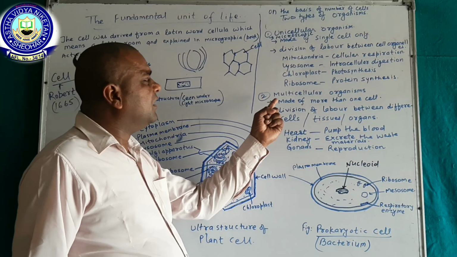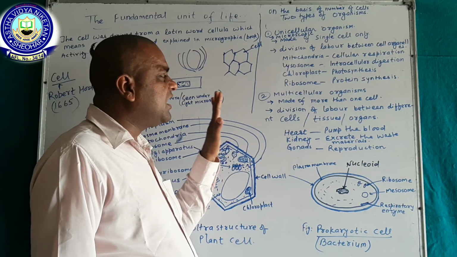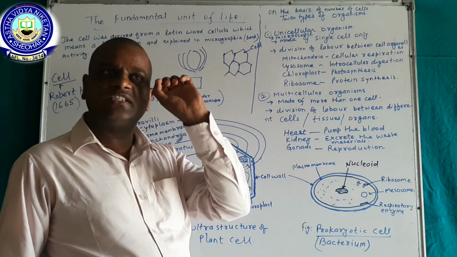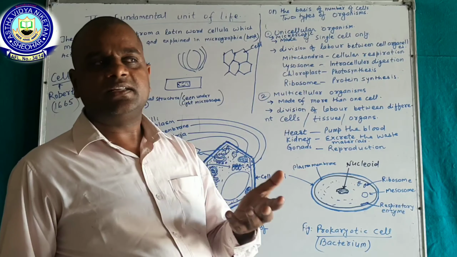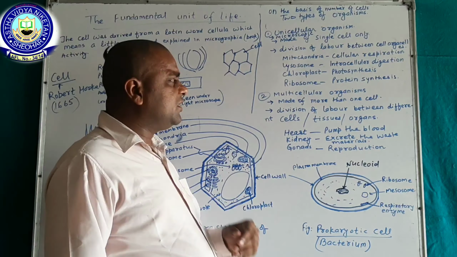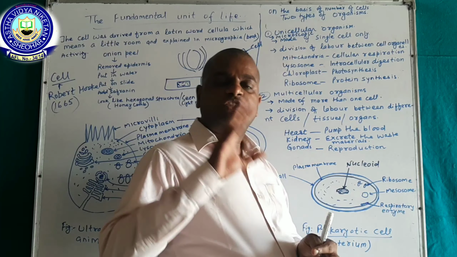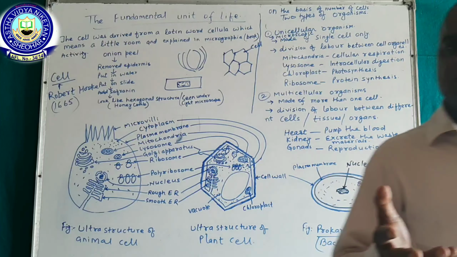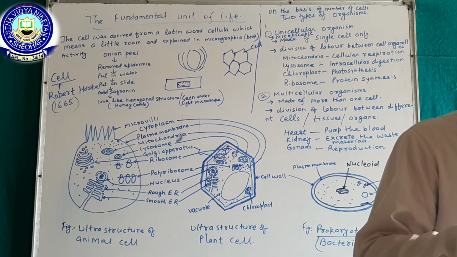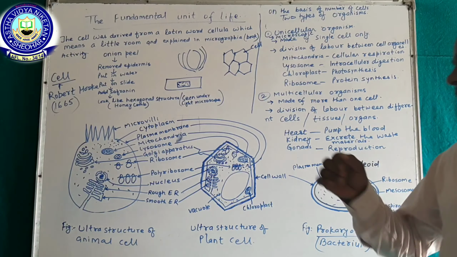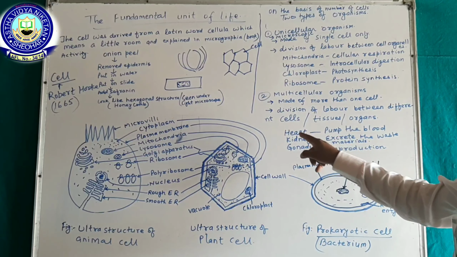Now, multicellular organisms are made up of more than one cell, meaning many cells. Division of labor we see here between cells, organs, tissues. First of all, we see the heart.